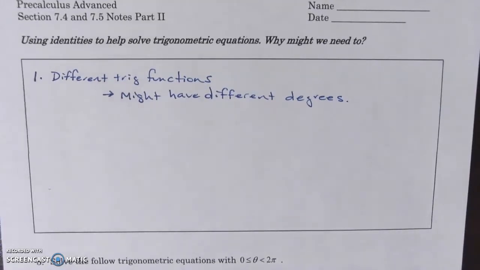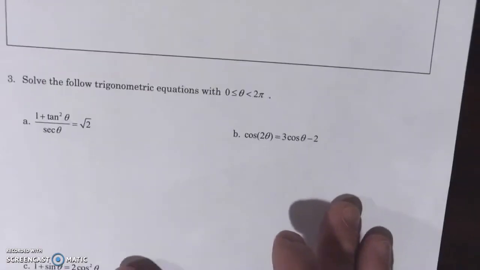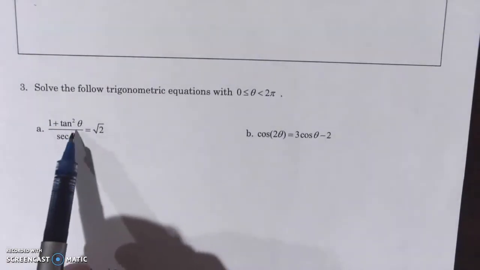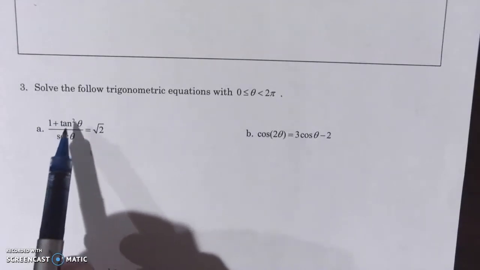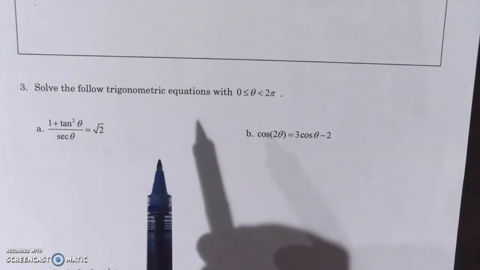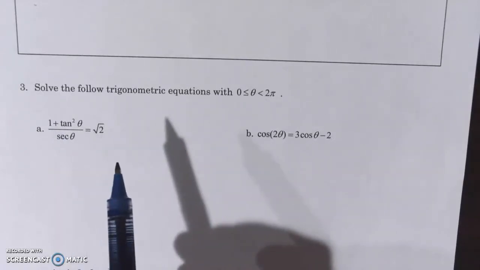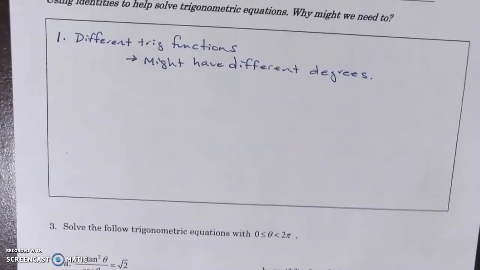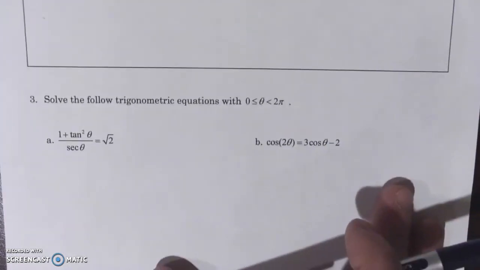However, as you might be able to see here in 3a, we have a tangent squared theta and a secant theta. This has got to be fairly difficult to work with, and in fact, it might be. There is a trig identity that's going to make this problem a whole lot easier to work with. So let's check out this one.